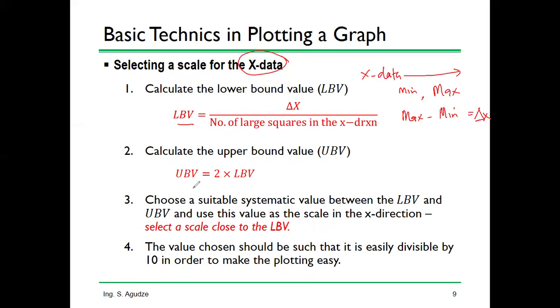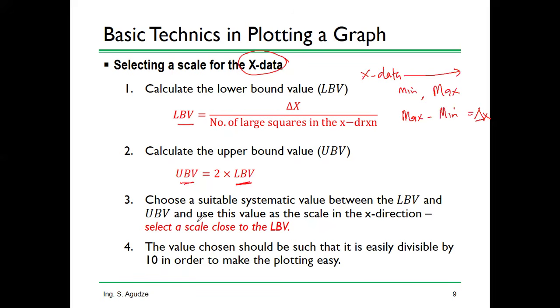The next thing is to find what is called the upper bound value by multiplying your lower bound value by 2. The lower bound value and upper bound value are very important parameters to use in deciding on our scale.